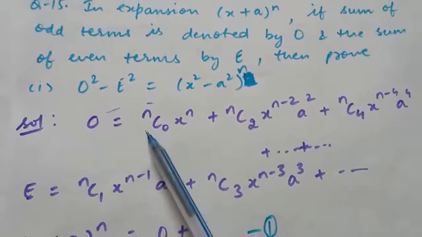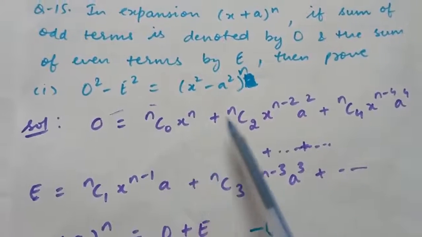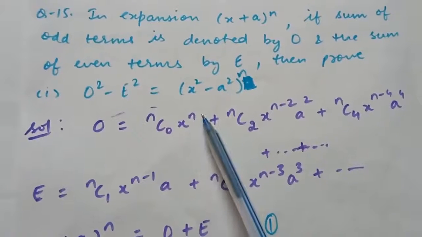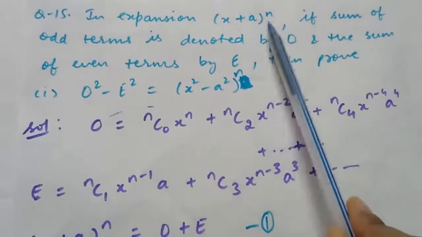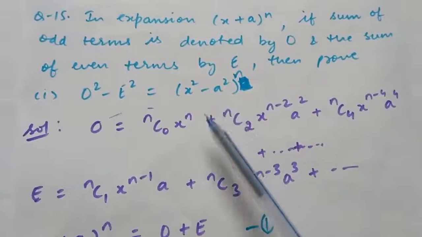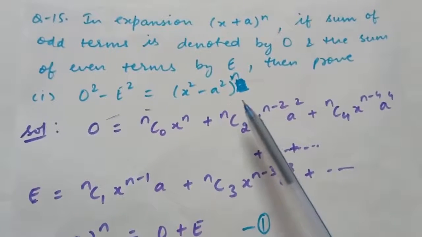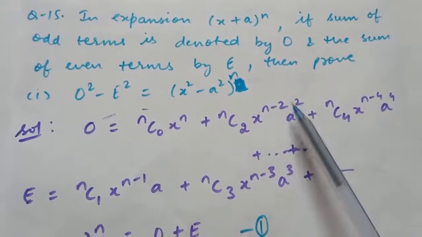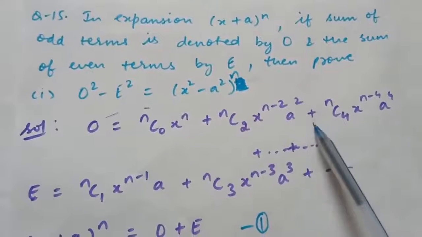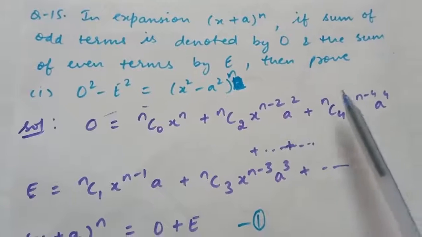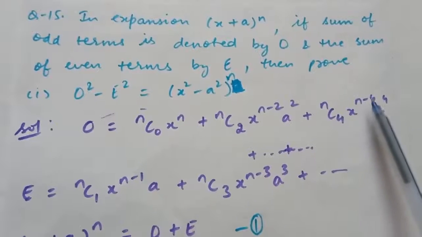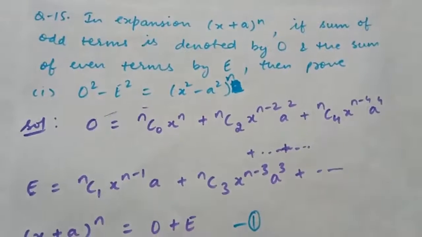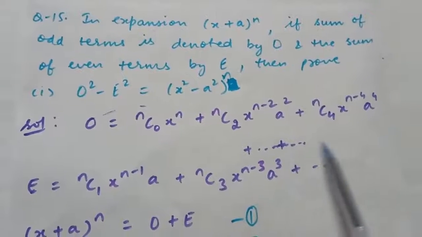So O is the sum of odd terms. So odd terms are first, third. So the first term will be nC0 x^n, a^0, which is 1, so we are not writing that. Plus then the third term, which is nC2 x^(n−2) a², plus then fifth term, which is nC4 x^(n−4) a⁴, plus so on.